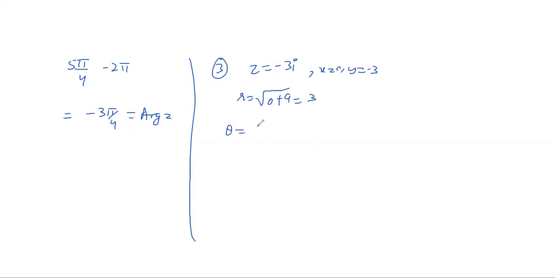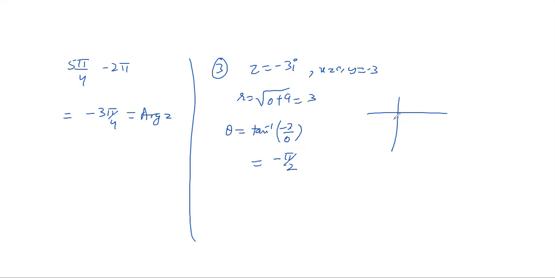Theta will be tan inverse Y by X. So you may think it is pi/2, but you look at the Y value, which is negative. So it's -pi/2, right? It's downwards. You can also see this geometrically: where will -3i lie?